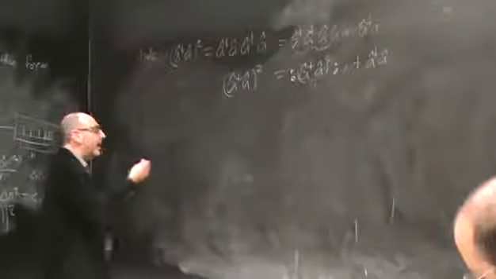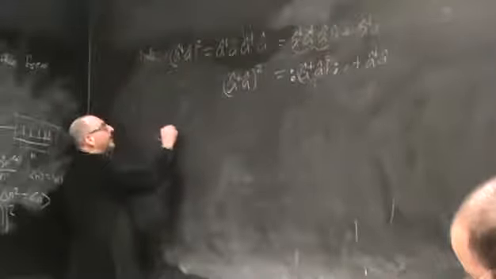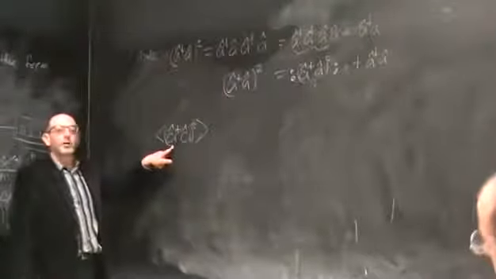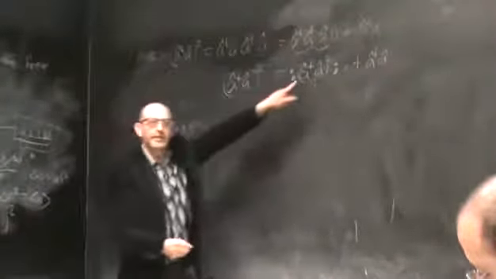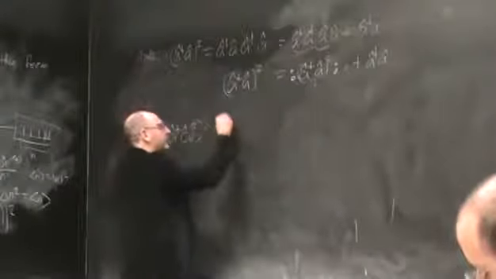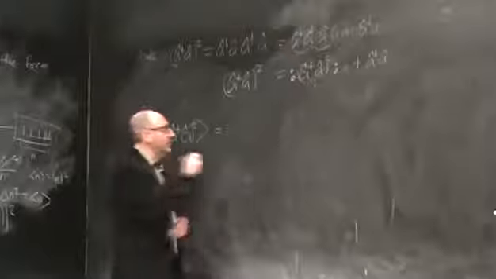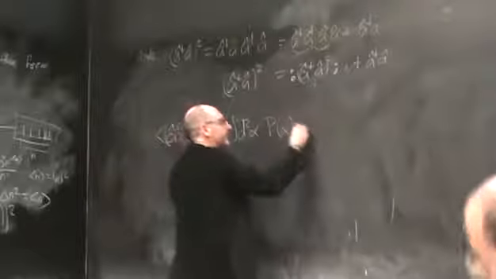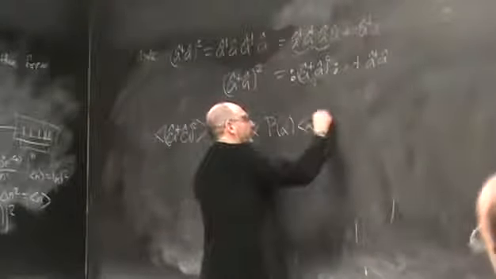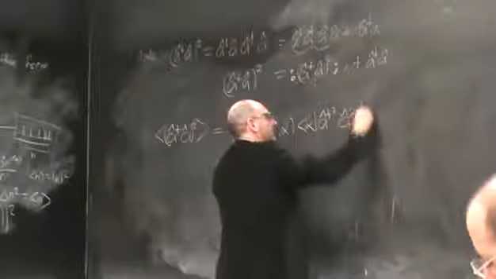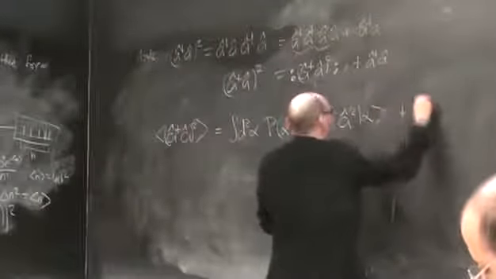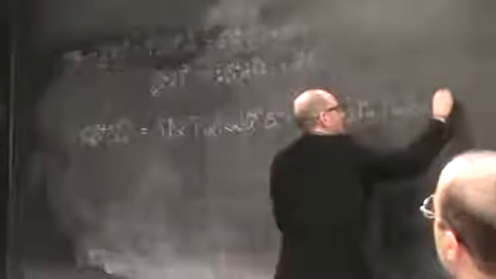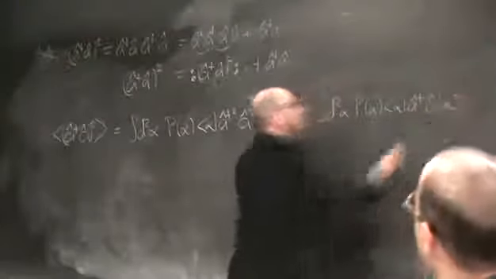The reason we do that is that if I now look at the expectation value of the number operator squared, that's equal to the trace of rho with that. So the trace of rho with that is equal to the integral over this, the trace of the normally ordered thing, plus that.